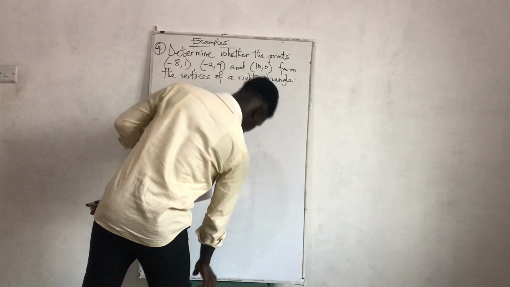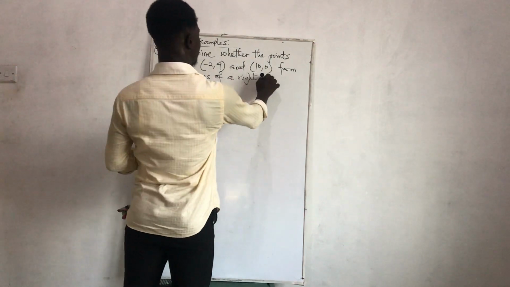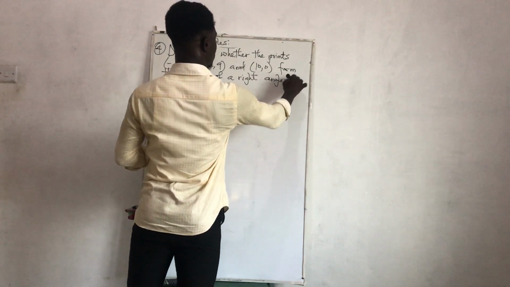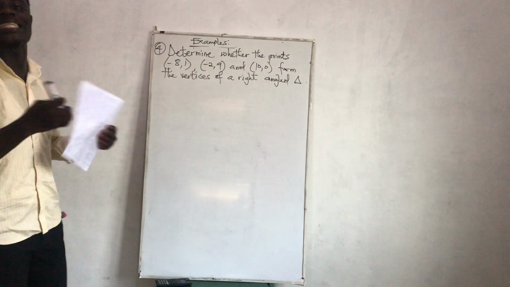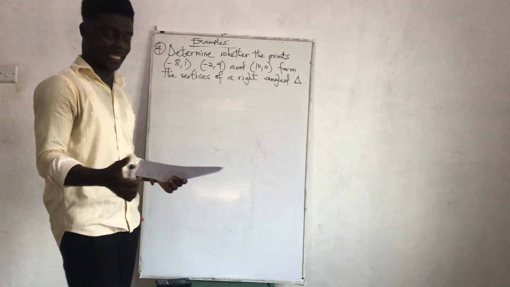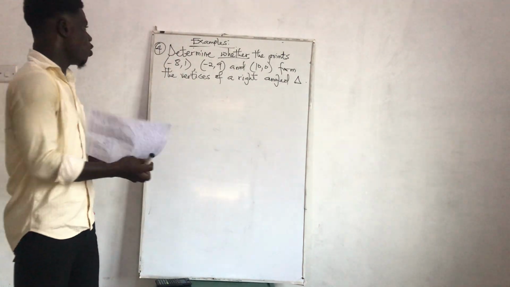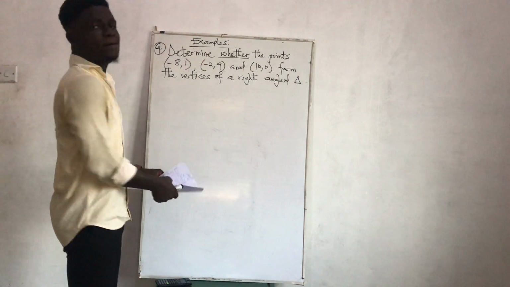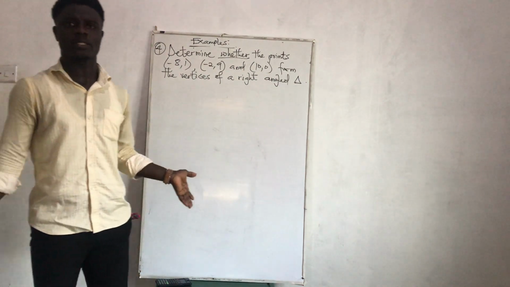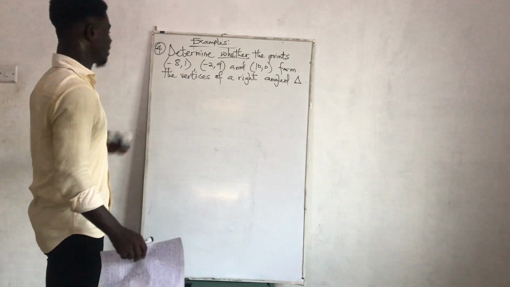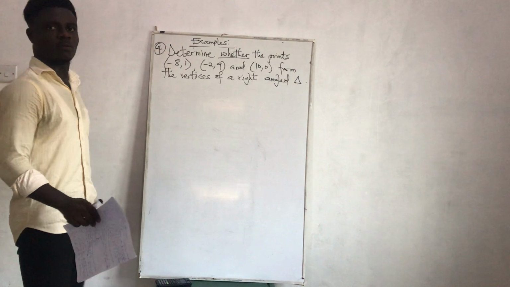So let me put it in the form of a right angle triangle. They said determine whether. Do you understand that? Determine whether. So you can get your answer being not a right angle triangle, and also you can get your answer to be a right angled triangle.